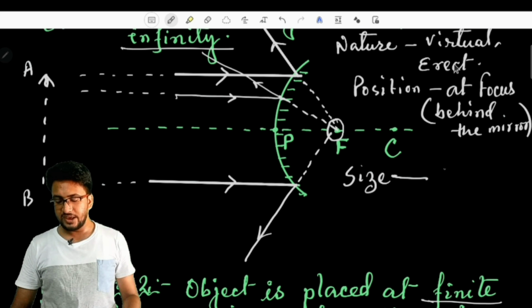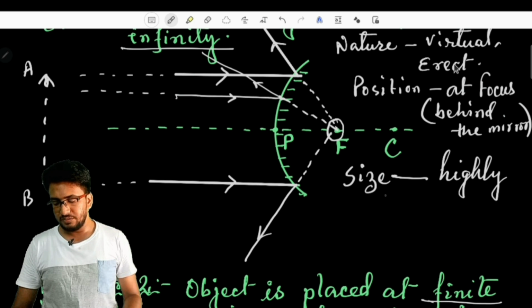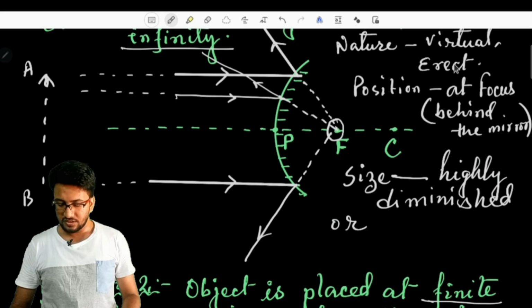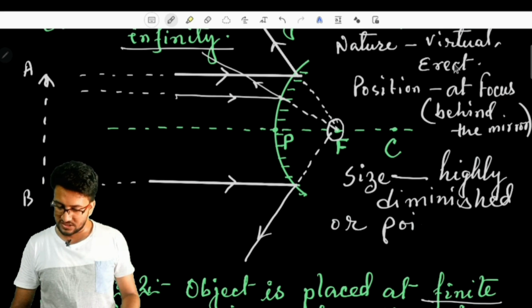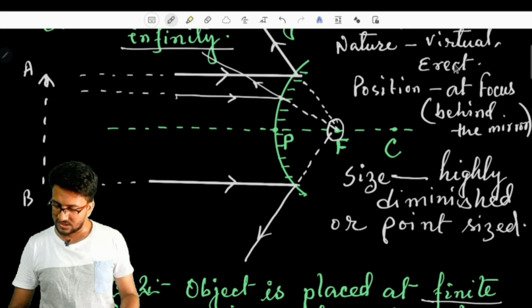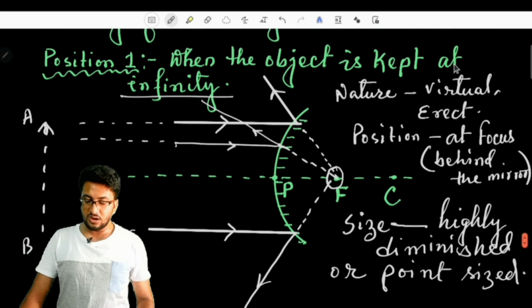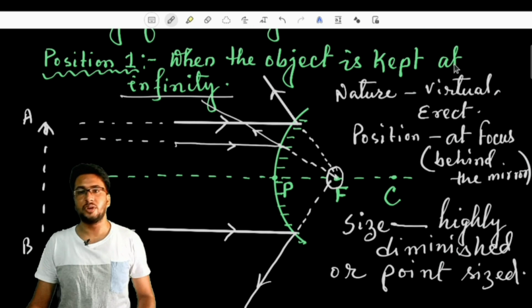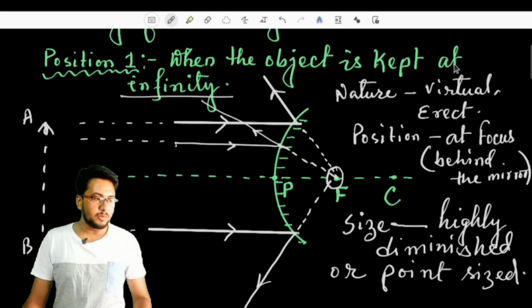So that's why we say that the size of the image is always highly diminished, or point sized.